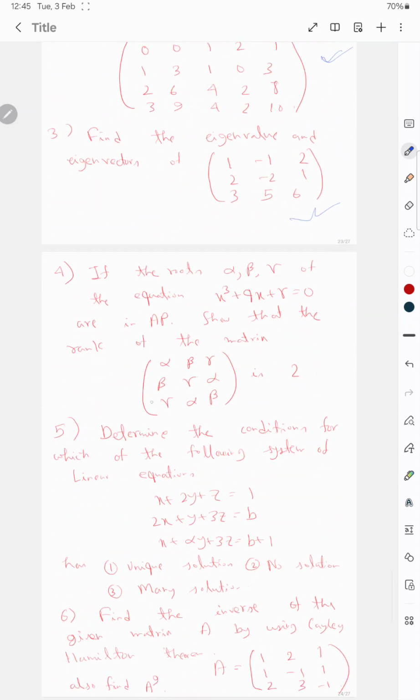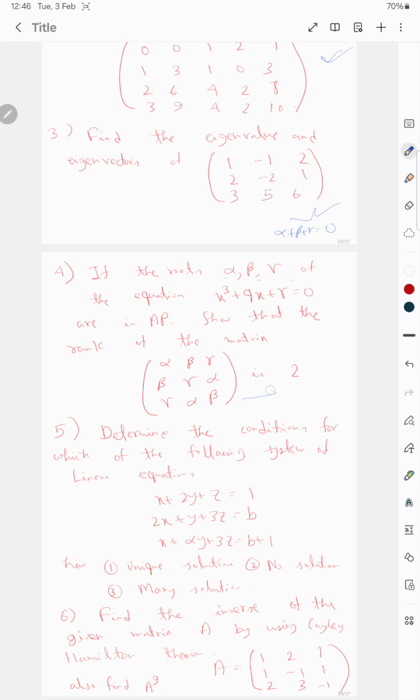Next, this one is very tricky. Whenever you learn the polynomial, read the first problem. Basically alpha, beta, gamma are roots of this equation. So the sum of the roots, that is, the x square coefficient is 0 here, right? So you have alpha plus beta plus gamma is 0.